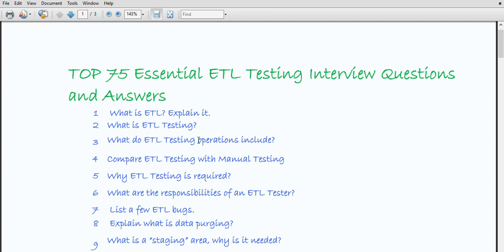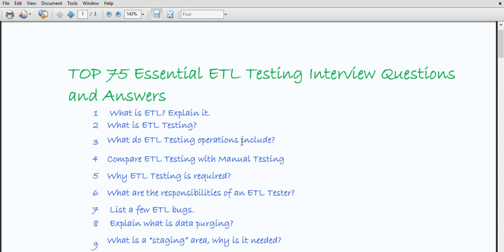Then the next question is, what do ETL testing operations include? The answer to this is the same as for ETL testing. So what are you verifying while doing ETL testing? You are verifying whether the data is transformed accurately according to business requirements, and verifying that the projected data is loaded into the data warehouse without any truncation or data loss.